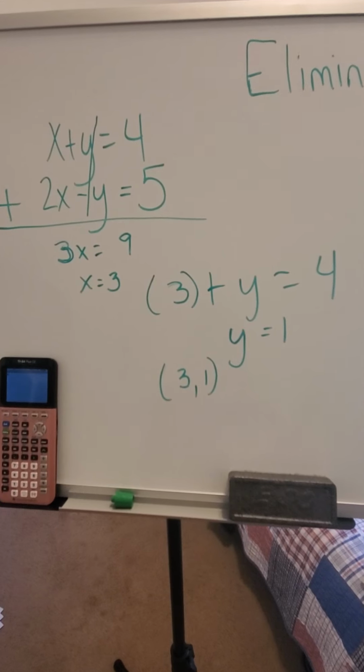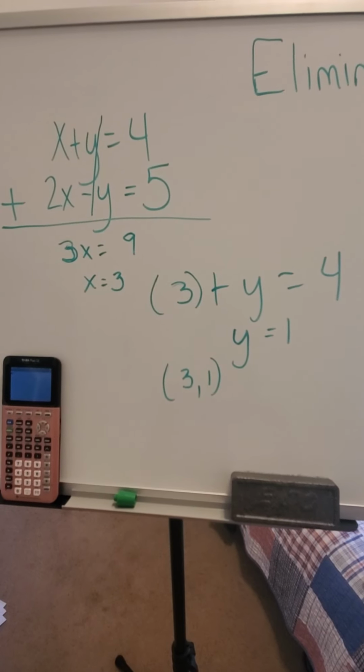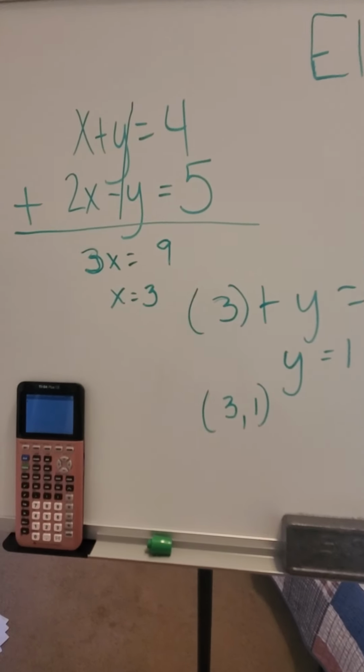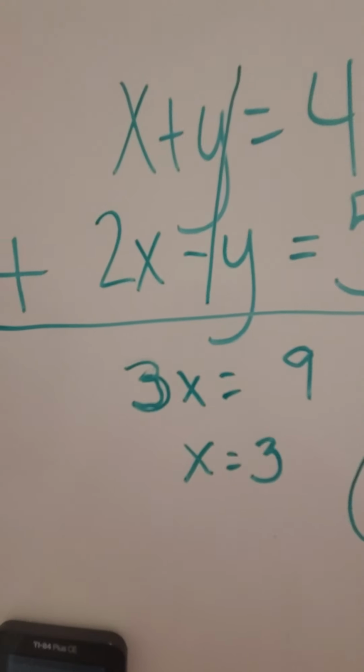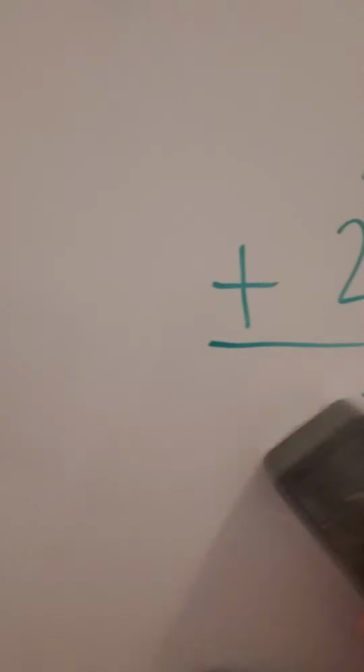But let me show you one where the y's or the x's are not going to automatically cancel. That way you know you've got to multiply by something to get them to cancel, okay? Something a little more intense.